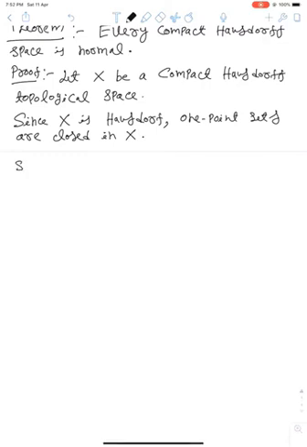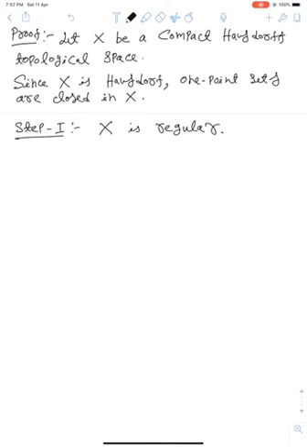Now in the first step we prove that X is regular. So first of all, step 1: X is regular. And using the fact that X is regular, we will prove that X is normal. Okay, so for that we choose two points.